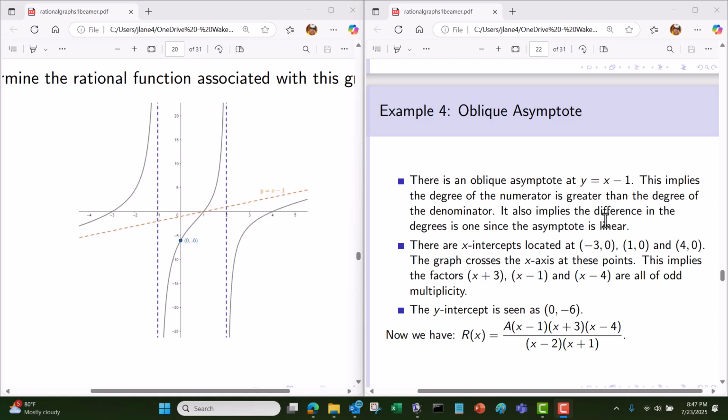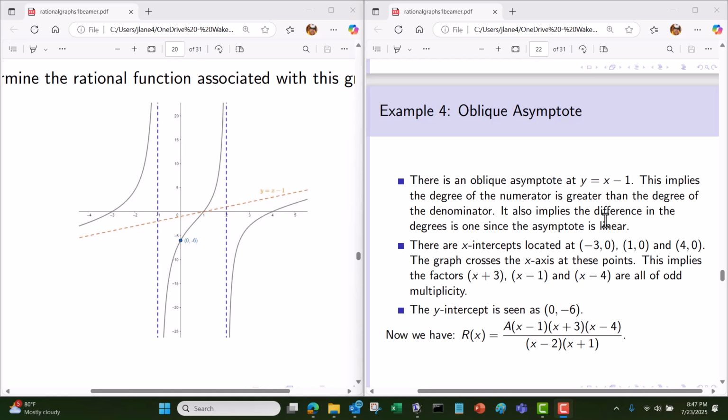We have a root at 1, and that means x minus 1 is also a factor. We have a root at 4, which means x minus 4 is also a factor of the numerator. Because there are sign changes around each of these roots, each of these factors has an odd multiplicity. So we're going to set that to be 1 for now. We'll adjust it if we need to.